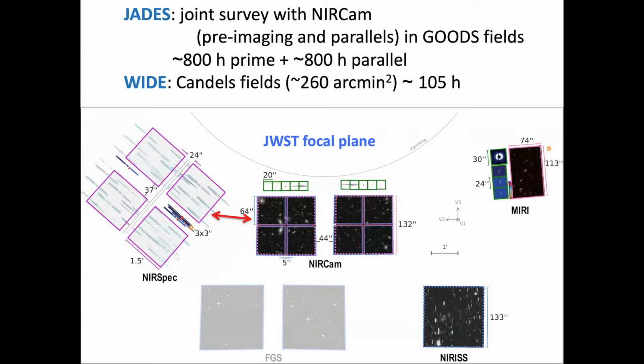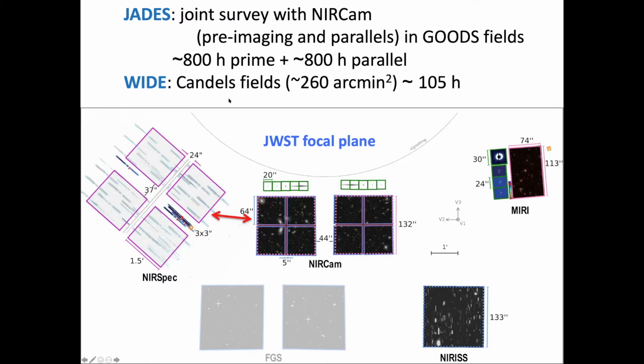NIRCam, of course, will provide the pre-imaging for NIRSpec, and the two instruments will also work in parallel. So we will maximize the efficiency of the observing time in these GTO programs. In this tier, we'll focus on the GOODS fields, and we'll dedicate about 800 hours of prime observation plus 800 hours in parallel.